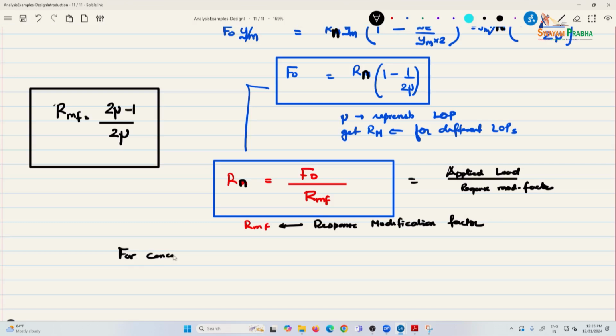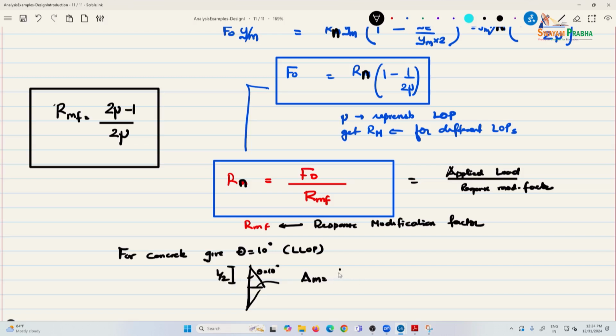So, for concrete you are given, let us say, theta is equal to 10 degrees for low level of protection. Convert it into a mu. Here you have your delta m is equal to L by 2, right.